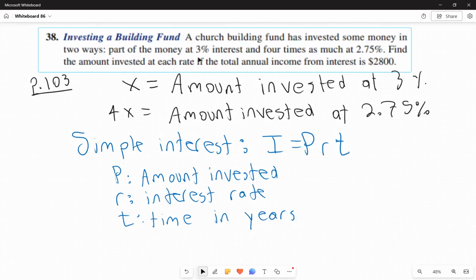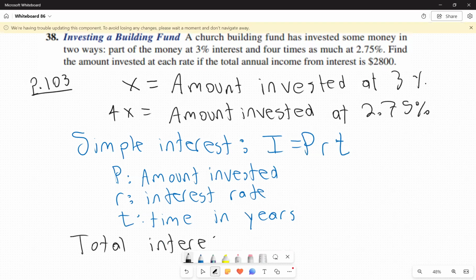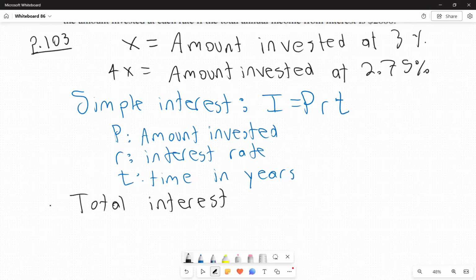Okay, so the money invested at 3%. So the total interest: x dollars were invested at 3%. So that's going to be 3% as a decimal, that's 0.03 times x times 1, but I'm not going to write times 1.